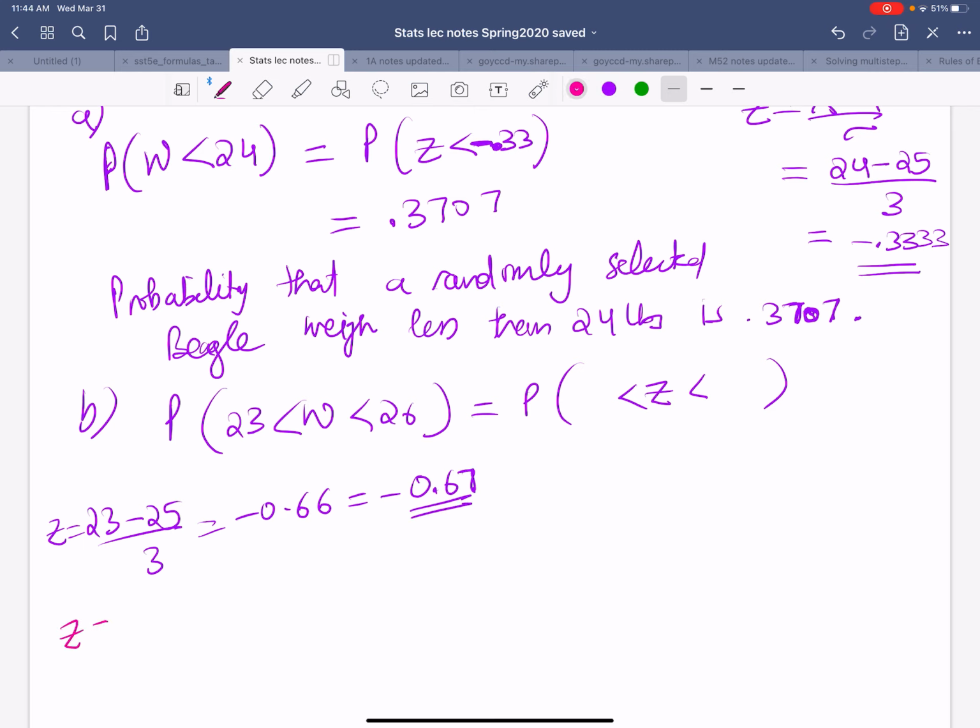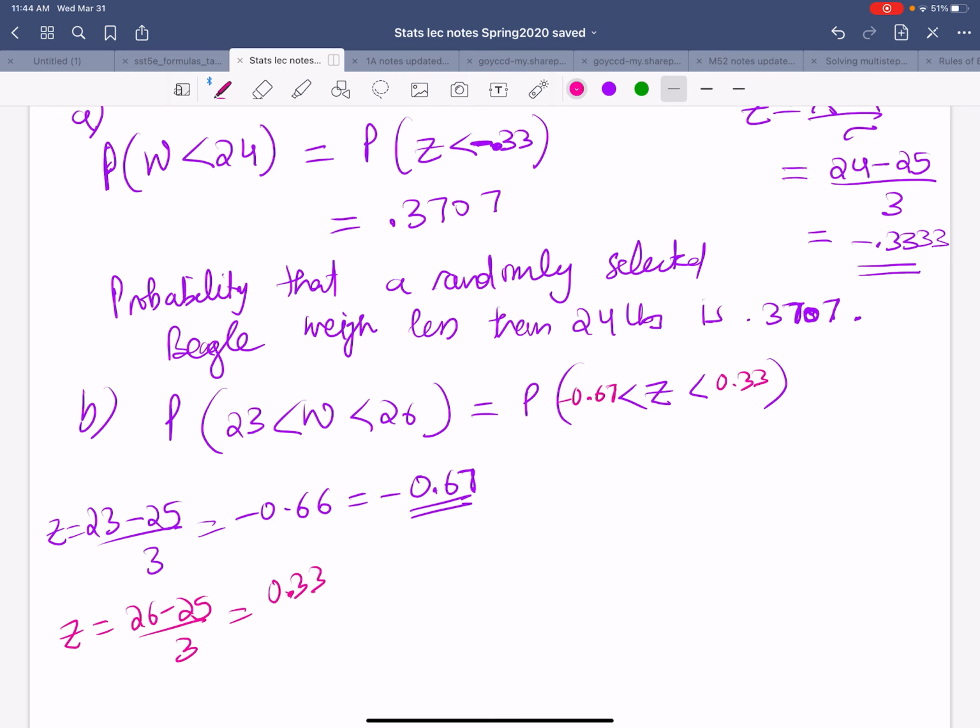Now the z-score for 26 is 26 minus 25 over 3. That would be 1 divided by 3, which is 0.33. Again, we're going to round to 2 decimal places. So we're looking for the area between negative 0.67 and 0.33 on the z-score table.